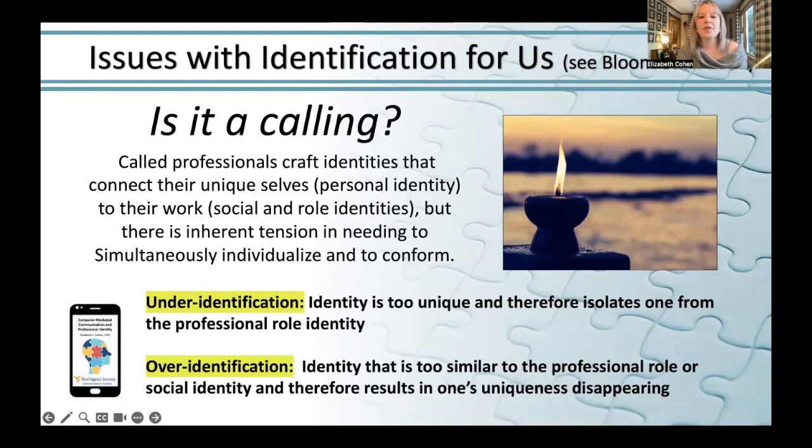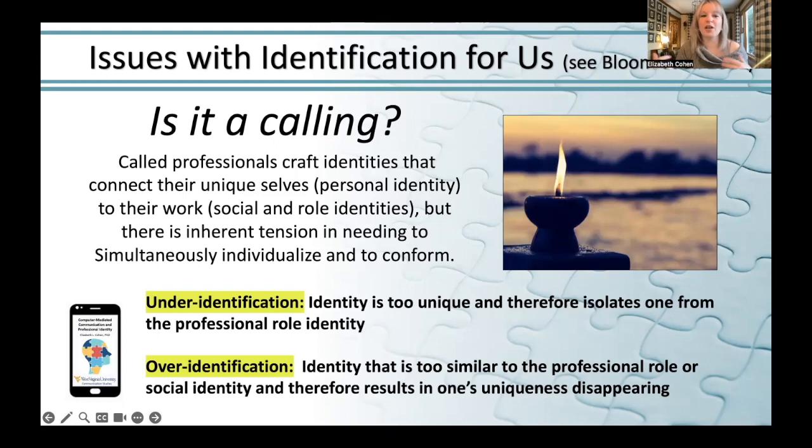So basically, what I loved about the Bloom et al. article is the way that they see a calling. And I see some of this when you are asked to describe your professional identity, and we hadn't covered the definitions or anything like that, but I see students will often talk about their professional identity as, well, my personal identity is X, and that led me to this professional identity or this career.